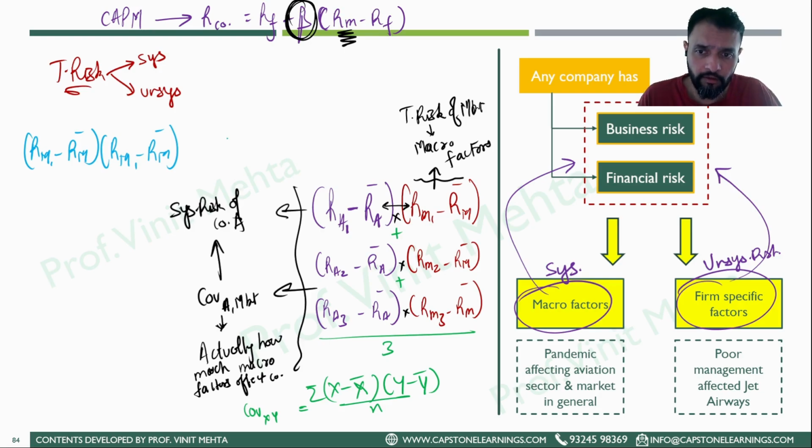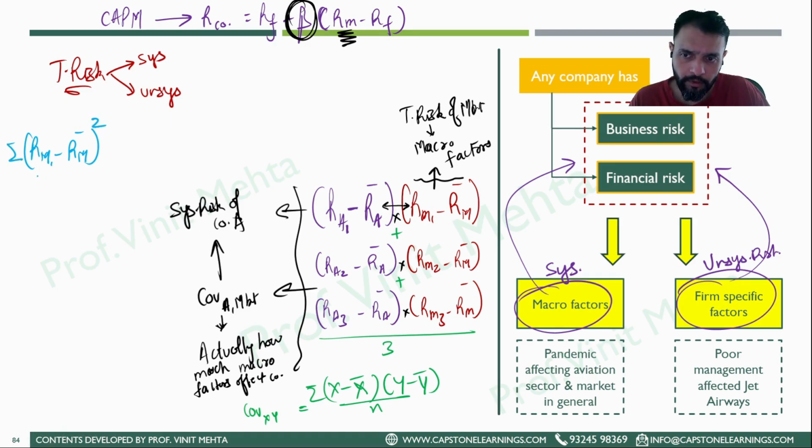And if I keep on multiplying them and then I keep on adding them, don't you think it is nothing but raised to the power 2? Then I sum them up, then I divide by n, and what I get is the variance of the market.